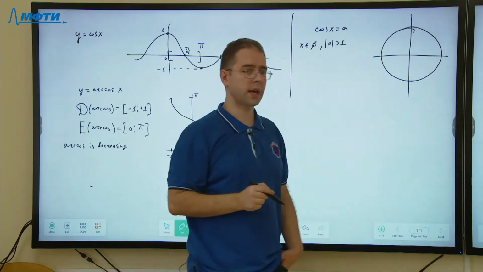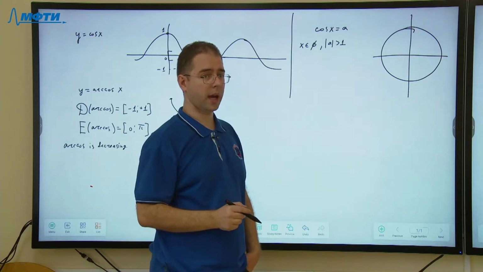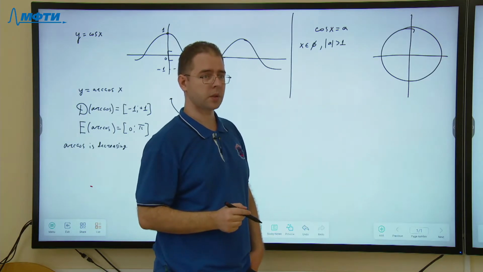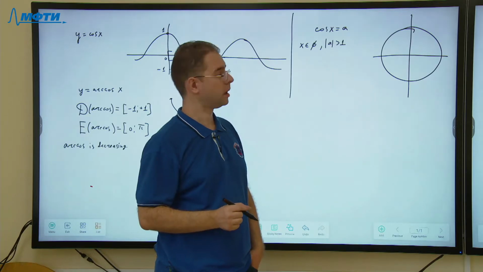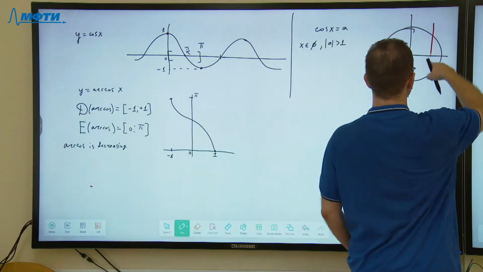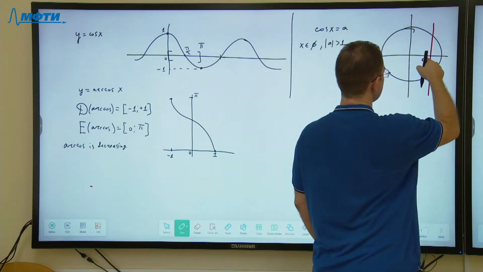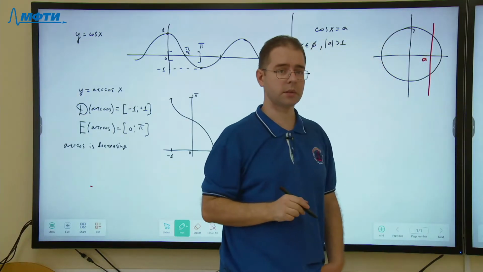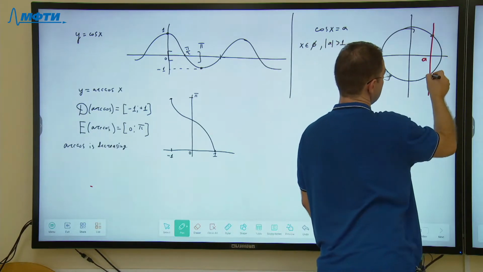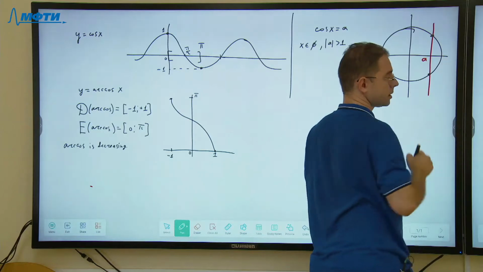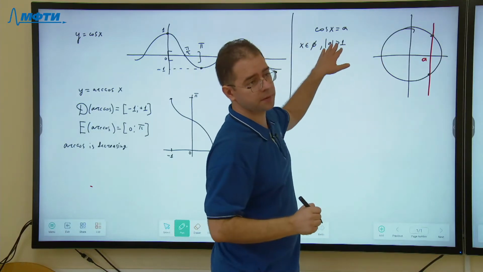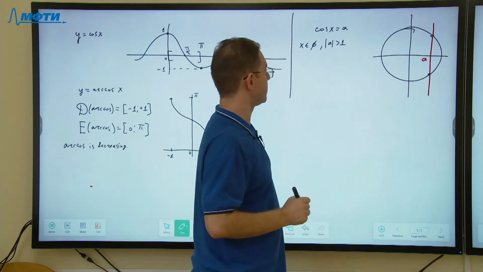So cosine is the x coordinate of our point. So we want to draw a line x equals a. This is the line. This is a. And we have two intersection points. Well, generally speaking, two. It could be 1 point if it just touches our circle, or it could be 0 points if absolute value of a is greater than 1.